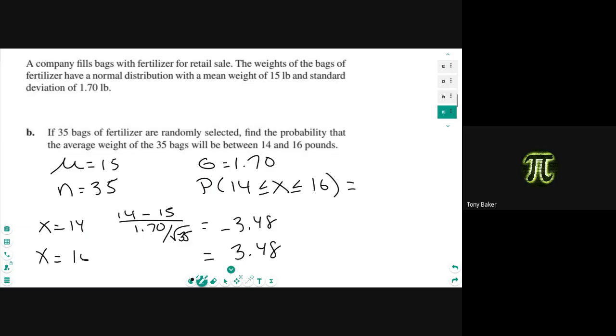All right. So now if we look at our z table for 3.48, we get 0.9997 and 0.0003, right?